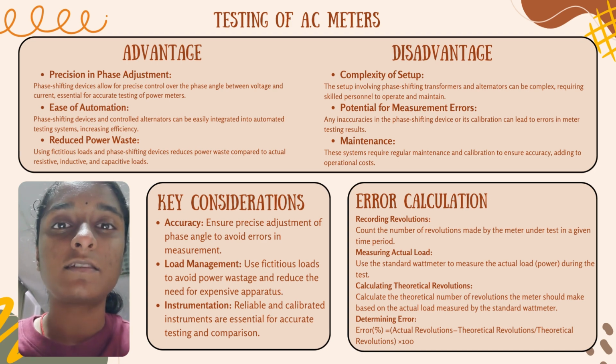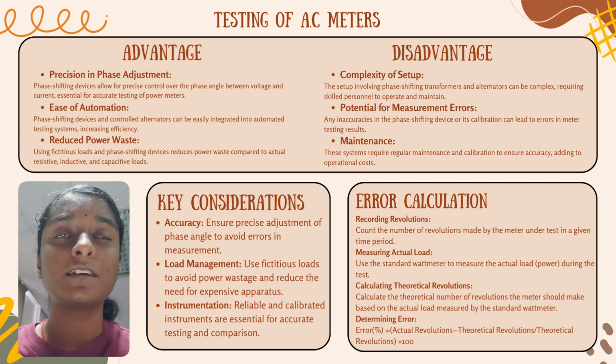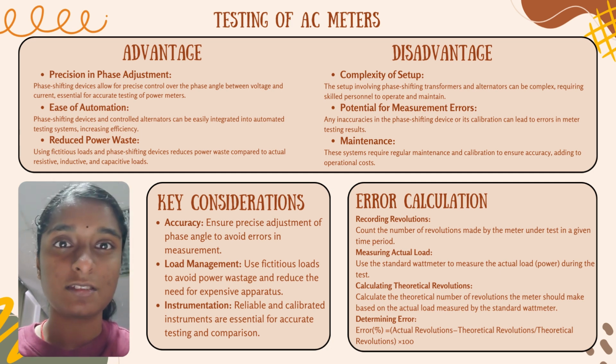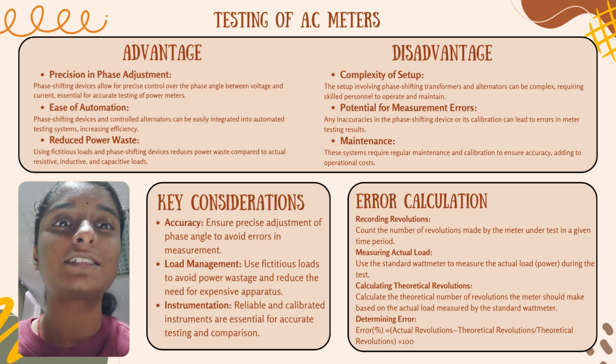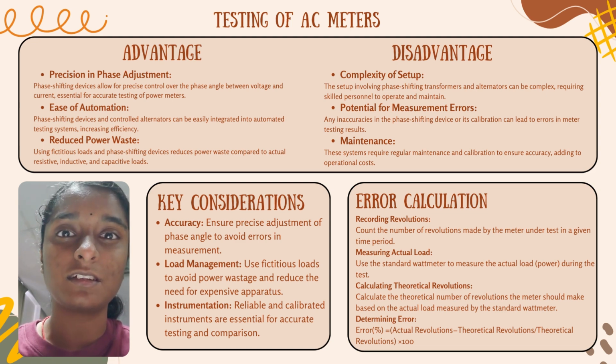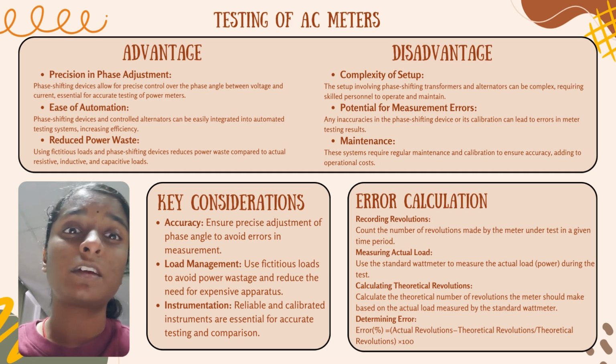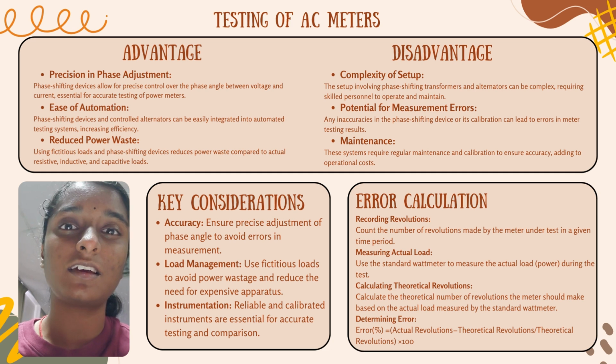The second one is potential for measurement errors, because there are some criteria which have to be met, like it has to be started at the same time and turned off at the same time, so its calibration can lead to errors in meter testing results. The third disadvantage is maintenance. These systems require regular maintenance and calibration to ensure accuracy and reliability.